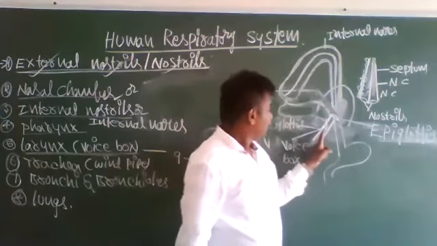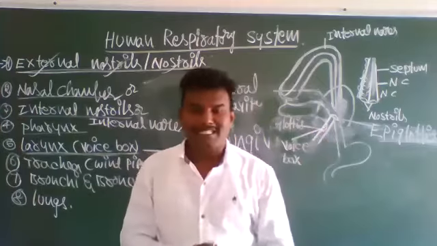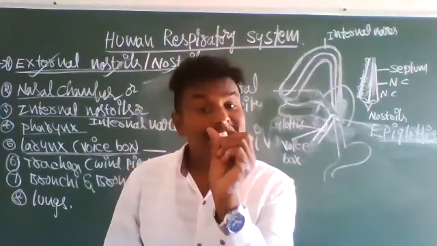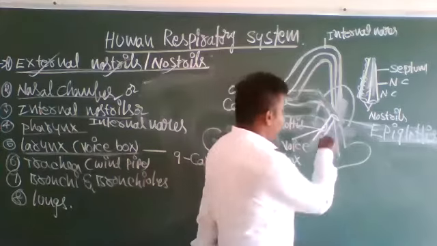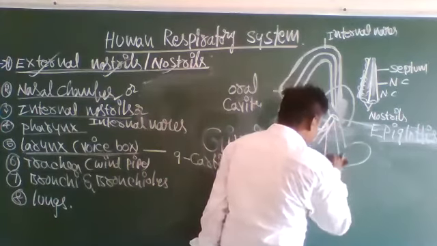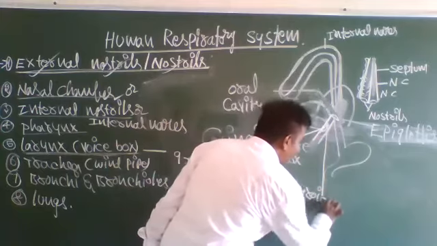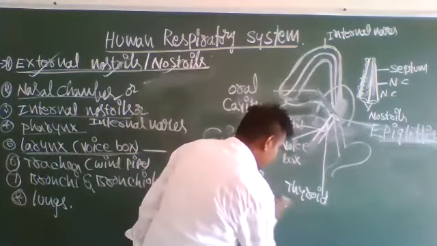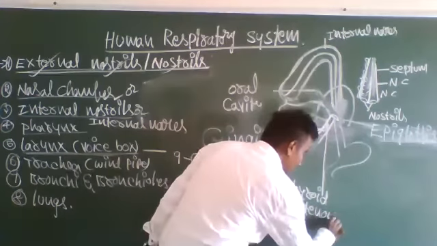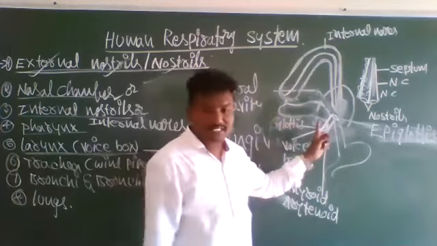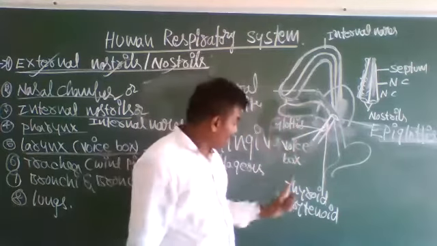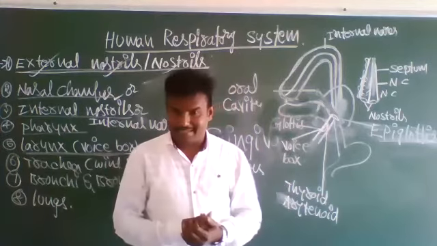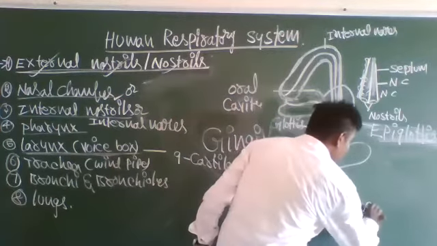Next, this is the voice box. The voice box contains yellow color elastic structures, yellow elastic fibers, which are attached to the thyroid and arytenoid cartilages and form vocal cords.